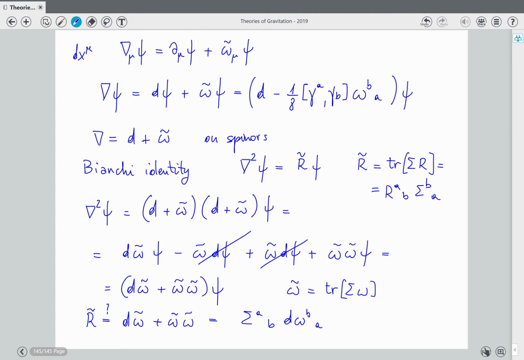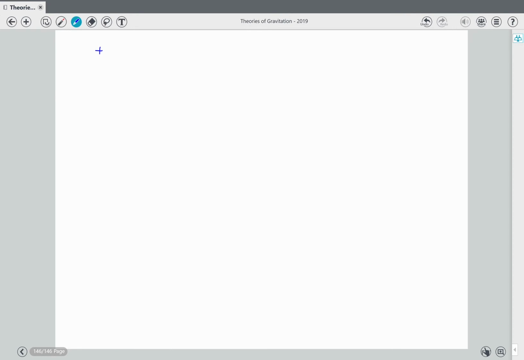Otherwise, it's too cryptic, possibly. Plus omega tilde omega tilde. Let me change page. Omega tilde is, so plus sigma AB omega BA, sigma CD omega DC.